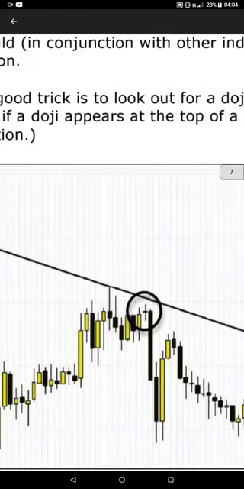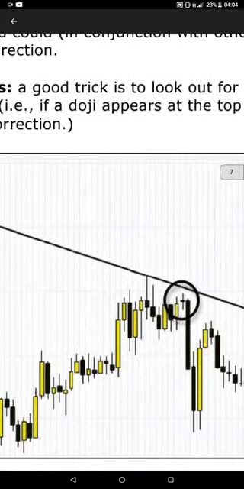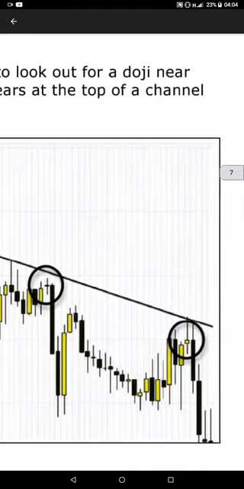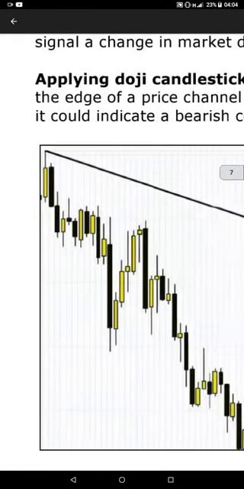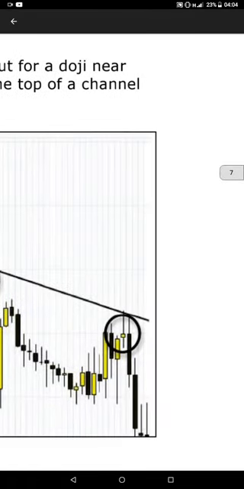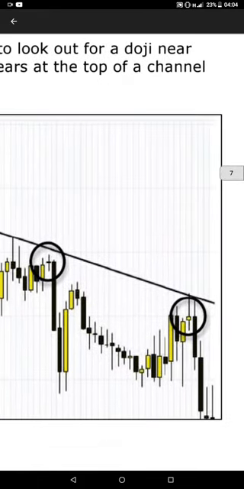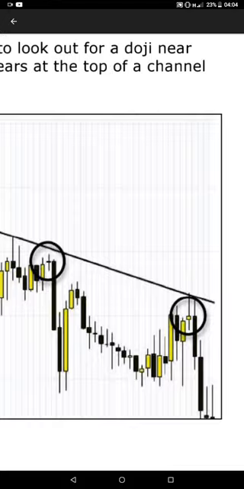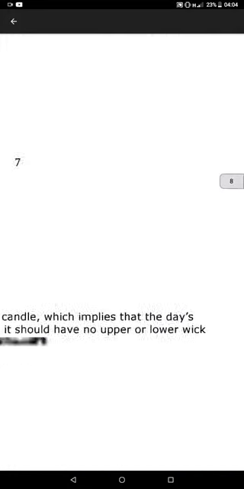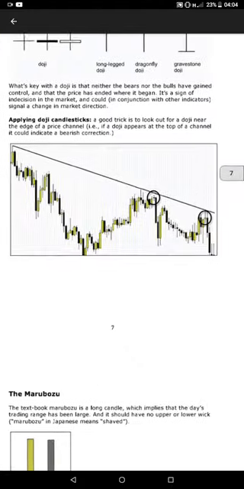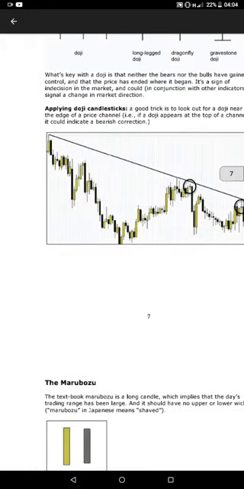Here the doji appears at the top of the channel, guys. Here is a doji, and here is another doji. That is what we have to be careful of, guys.